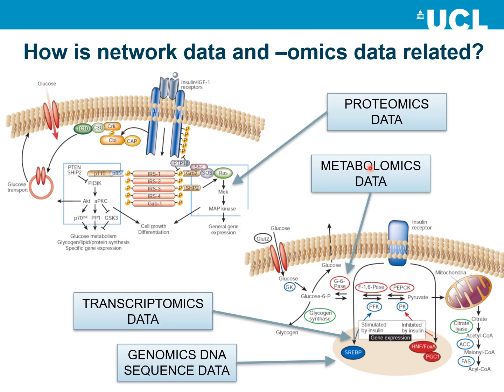And then metabolomics data gives you the levels of these metabolites, glucose 6-phosphate, pyruvate, and glucose within the cell. So we see that we can get a complete picture, or at least some picture of what's going on in the cell using these 4 different omics technologies.